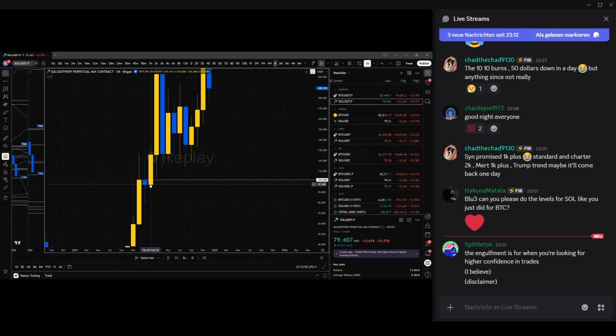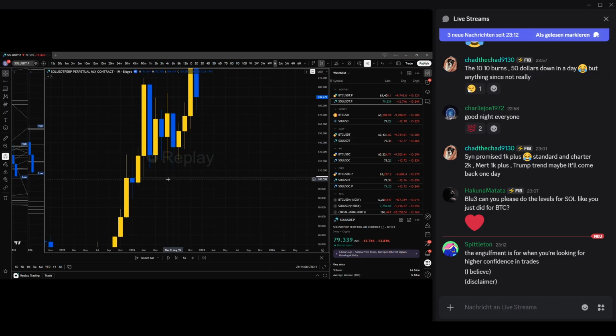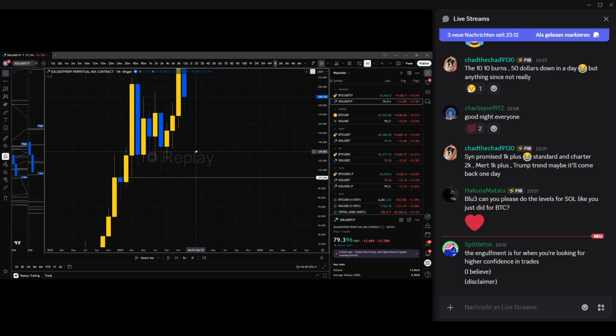And then you can have the fine tuning of zooming in and look if you find even a weekly level below this entry, or a daily or 4-hour or 50-minute, depends on how low you want to go and how much you want to fine tune and how much risk reward you want to squeeze out of this.